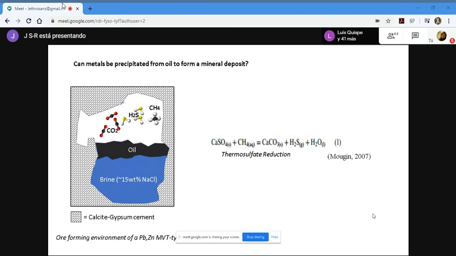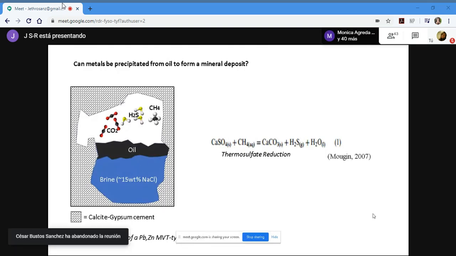Mississippi Valley type deposits are a common class of sediment hosted deposit, and these deposits are generally calcite and gypsum hosted in the ore zone.